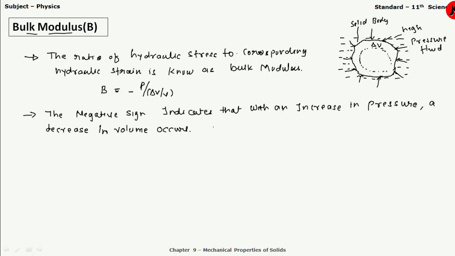Means if P is positive, then delta V is negative. Delta V is negative, right?